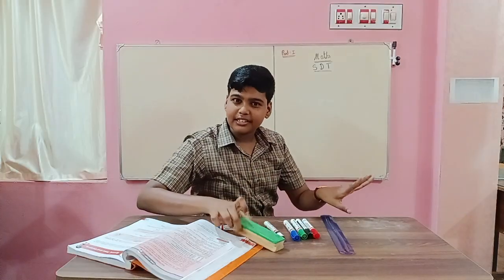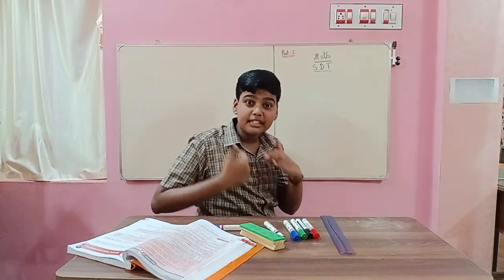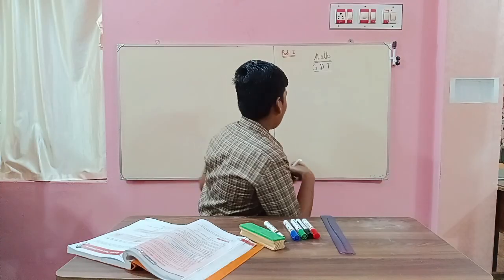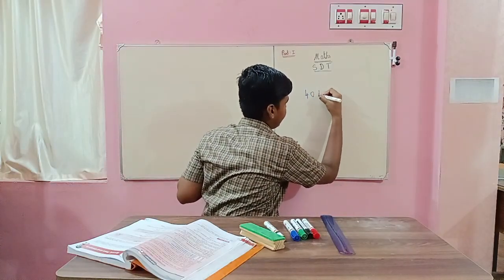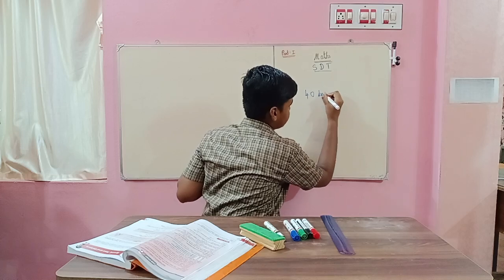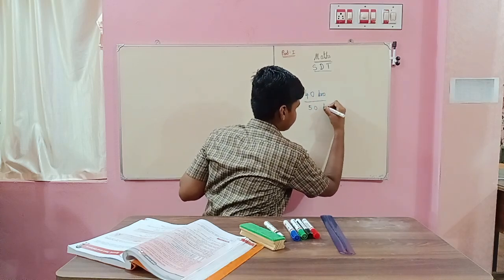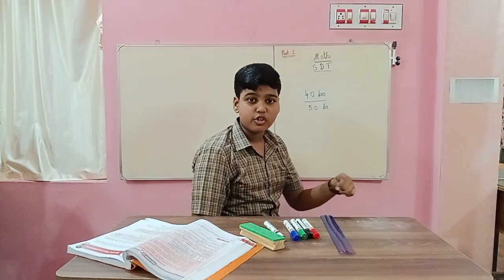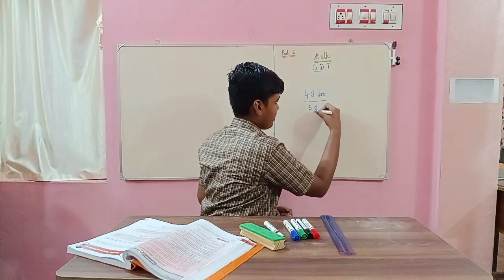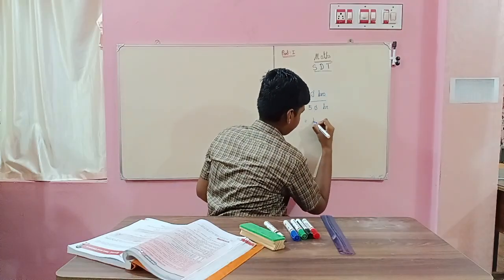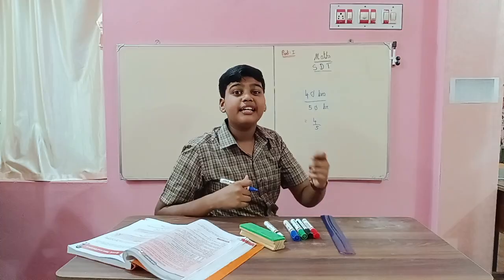So almost I covered the chapter, but there are still many things we need to learn about. I have a number like this: 40 km by 50 hour. The question, this is the answer. Okay, let's take 4 by 5. But in the question they are asking the answer in m/s.